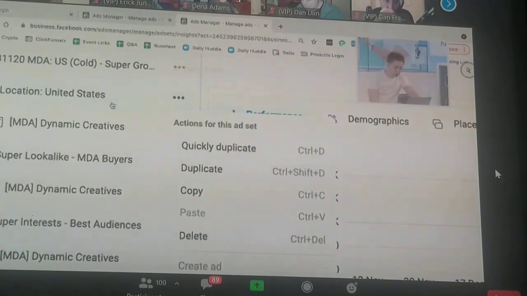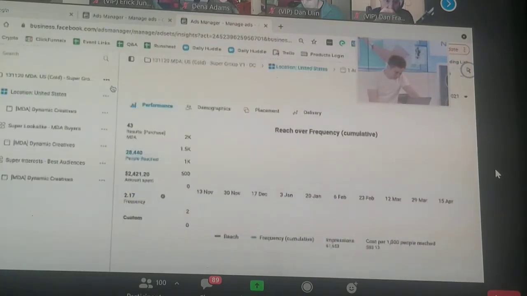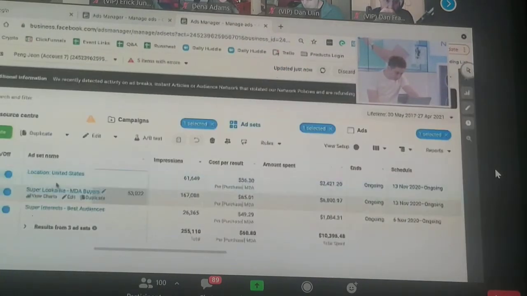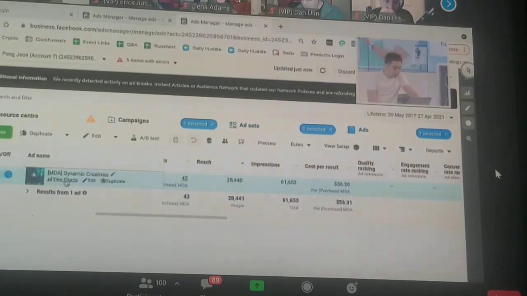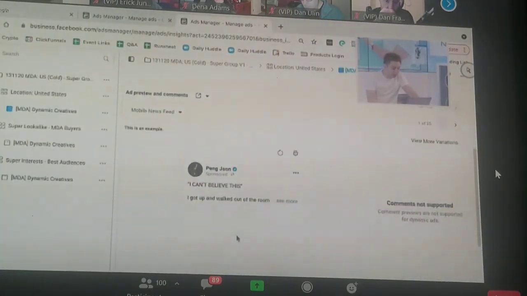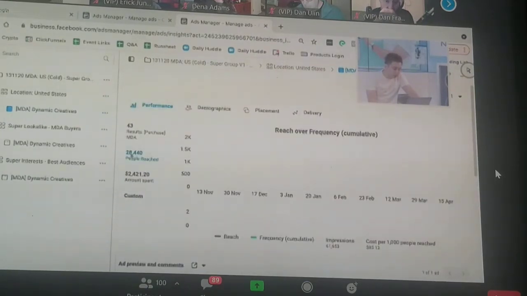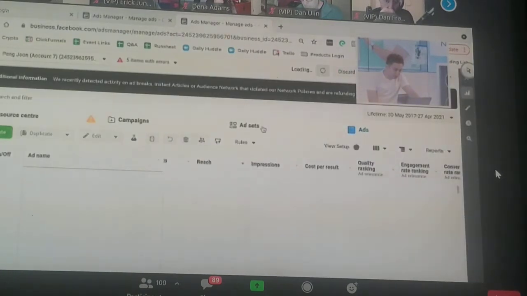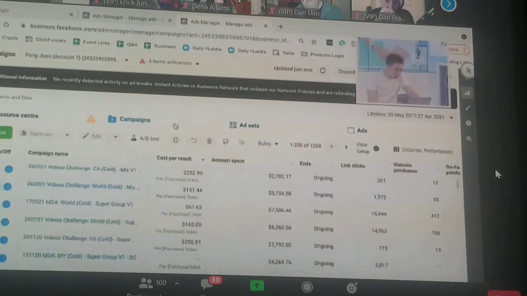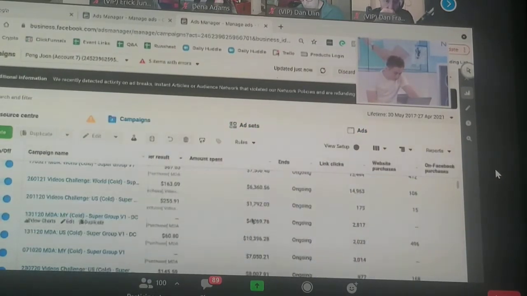If you take a look at this campaign, there's really no targeting, no parameters set for this audience, and as long as they are living in the US, they are a good fit. Which sounds insane. It sounds like this campaign is going to lose money.